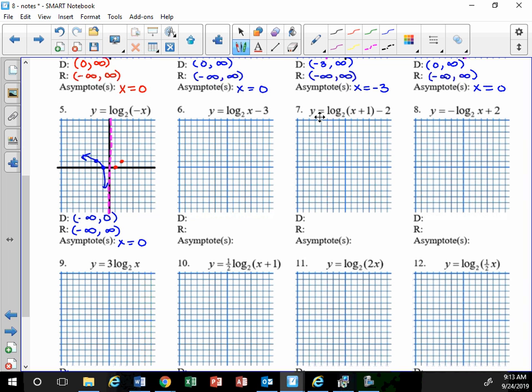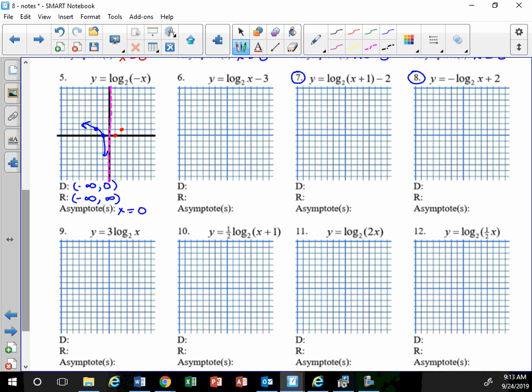All right, you guys are going to do a couple for me. You can skip 6. Let's do 7. Do 8. And then try 9. Think about what a 3 out in front should do, okay? Try those 3 for me.